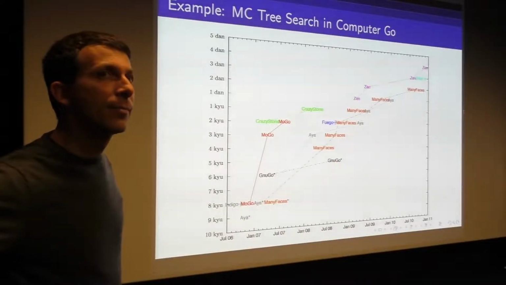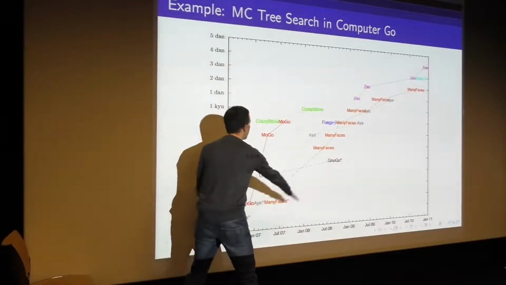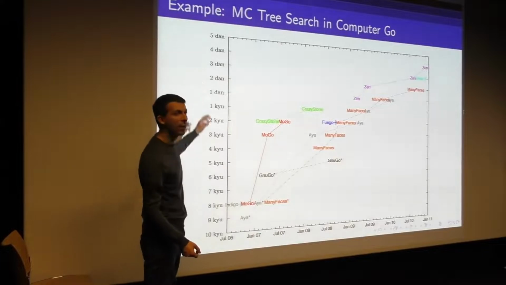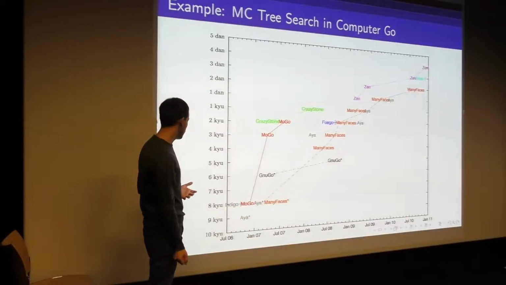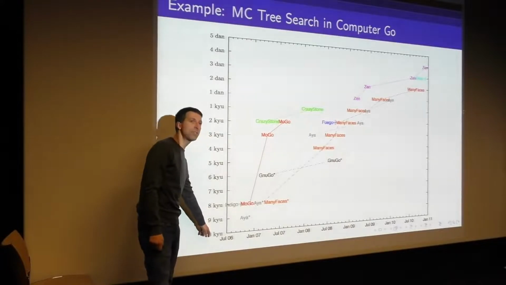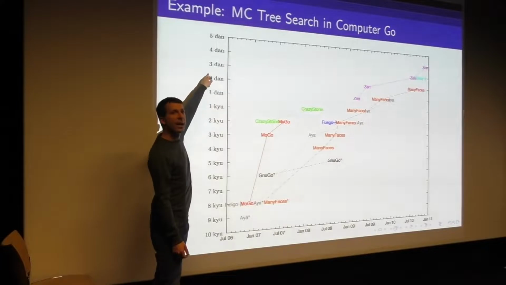Can you explain the y-axis? Ah, sorry, yes. I should explain this diagram. So this is time. The y-axis is the strength of the Go program over time. This is the rankings that humans use. Starting from Kyu levels, where lower kyu is better, and then higher dan is better.